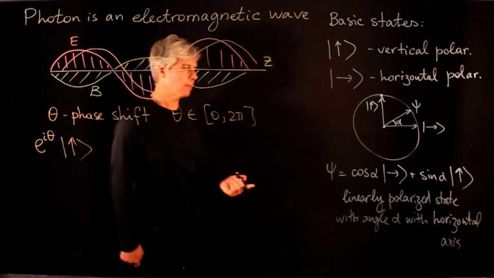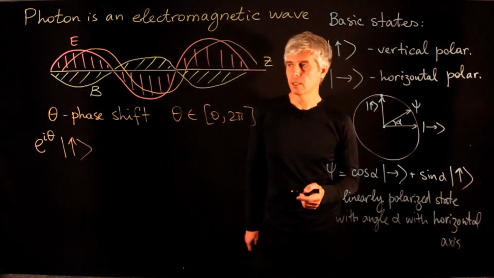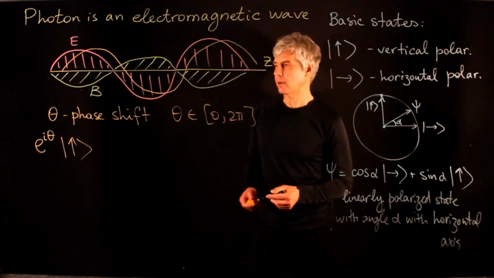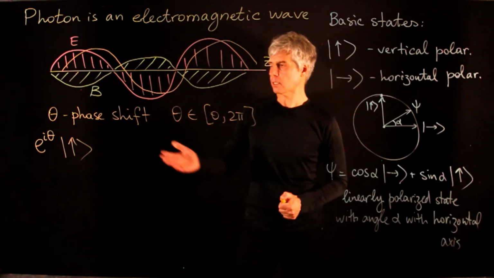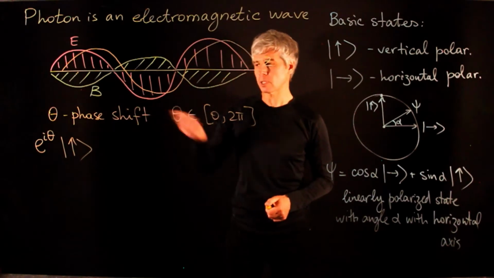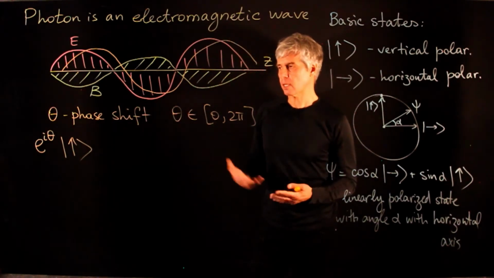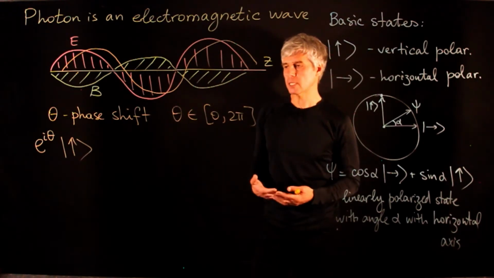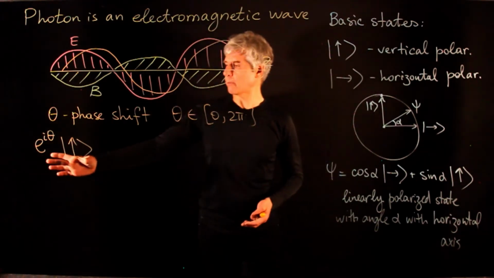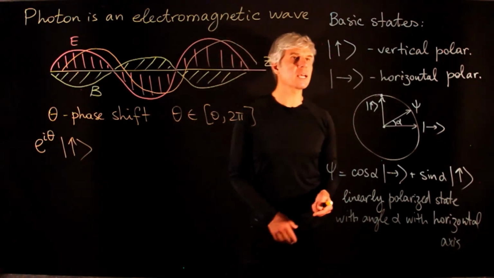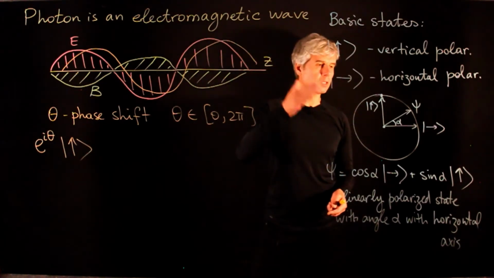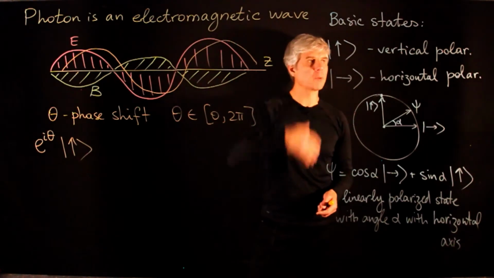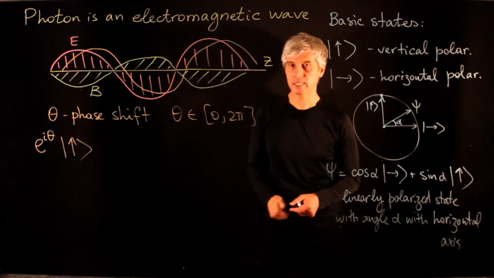Now, physically, if you have just one single wave, then this phase shift is almost impossible to measure, right? All physical properties of this state will be exactly the same as the physical properties of our basic vertically polarized state.